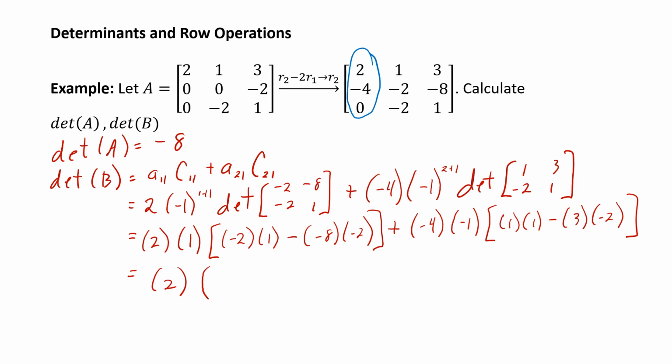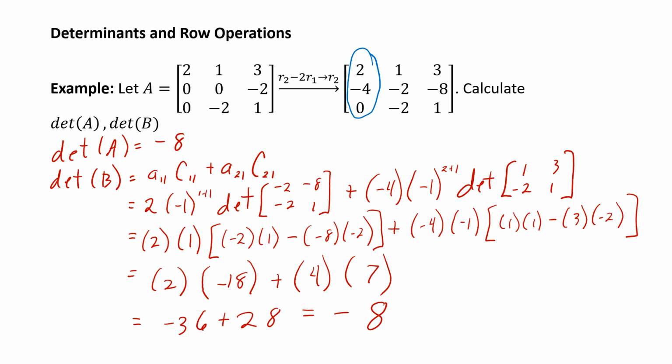That's -2 minus 16, so -18, plus -4 times -1 is 4 times, here I get 1 plus 6, so that gives me 7. That gives me -36 plus 28, which is -8. Notice the determinant does not change. When you apply that third row operation, the determinant doesn't change.